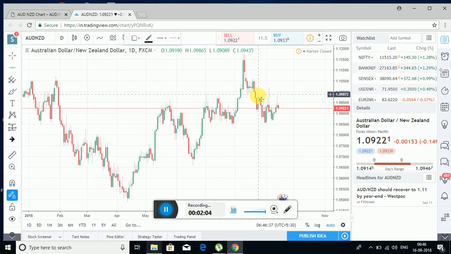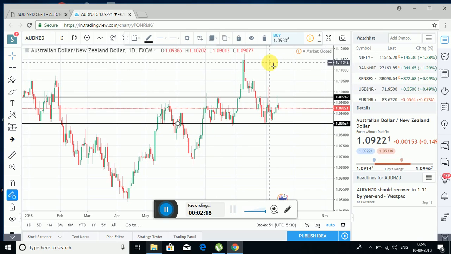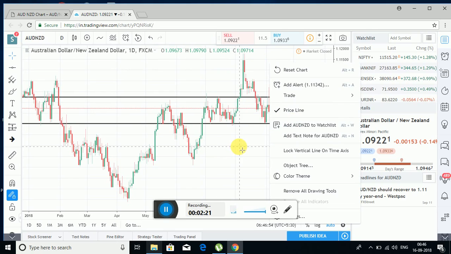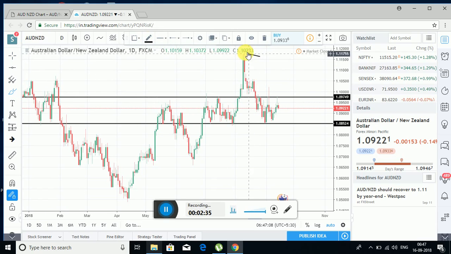So let me draw my range over here. This is my first point, and this is going to be my second point. So this is my overall range of the market, and as you can see, this whole area which is spiked above this resistance is nothing but just a fake out. If I draw a circle around here and look at this in a higher time frame, I can clearly notice that this is nothing but a fake out.